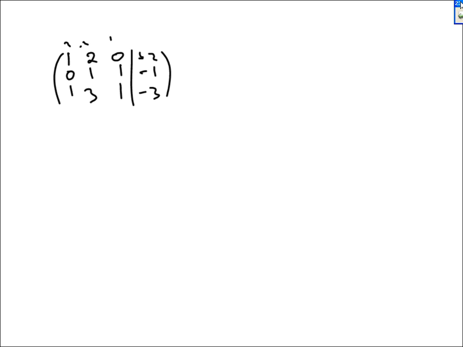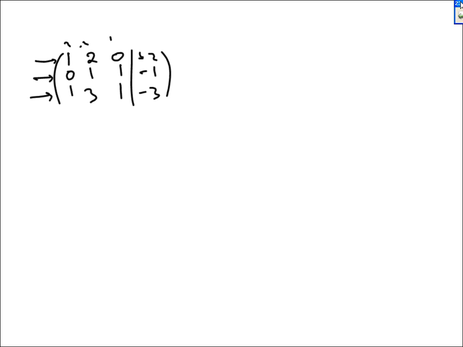This is it. X plus 2y, I'm reading the first line, X plus 2y equals negative 2. Y plus z is negative 1. And x plus 3y plus z is negative 3. Suppose you have that.